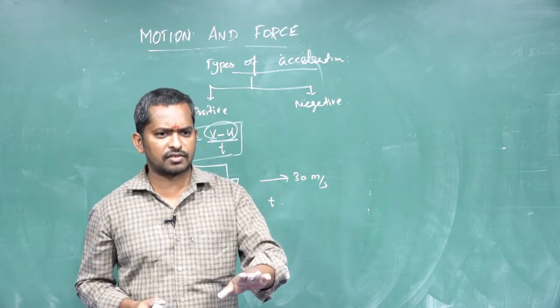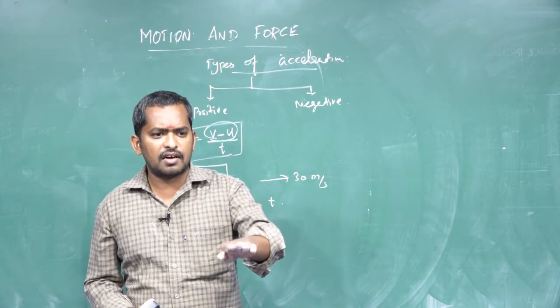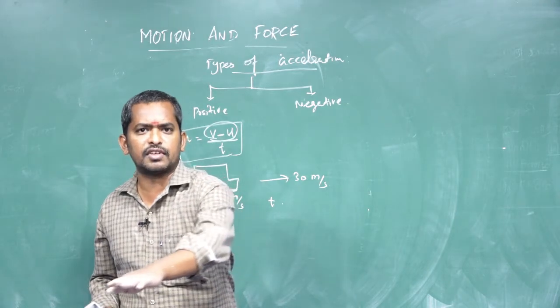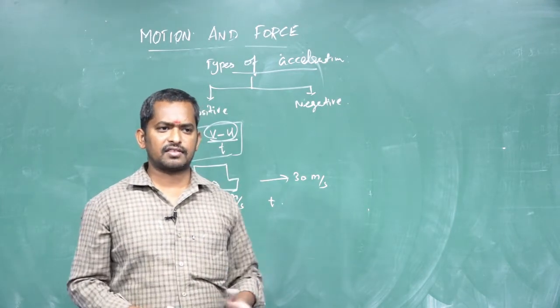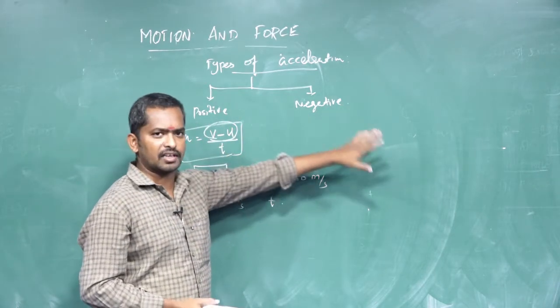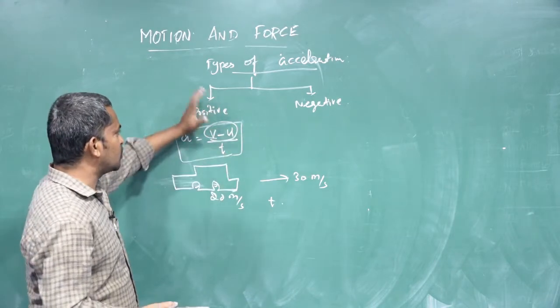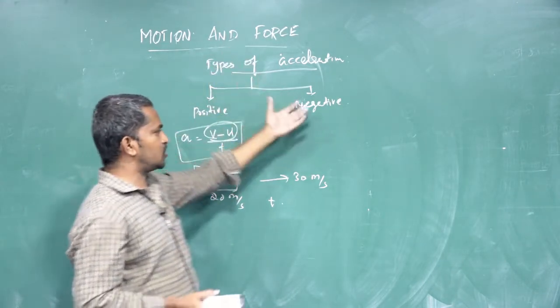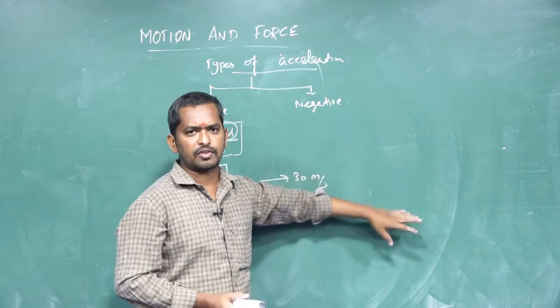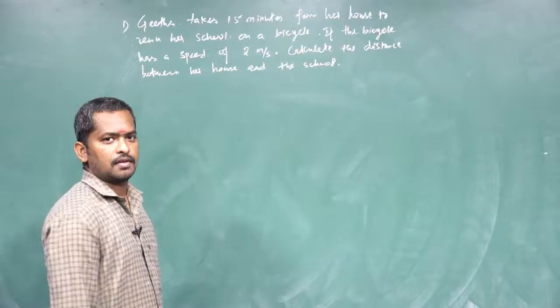This is positive acceleration. We are applying the brake, the velocity of the car reduces. That is negative acceleration, which means retardation. The change in velocity increasing with respect to time is positive acceleration. The change in velocity decreasing with respect to time is negative acceleration or retardation.